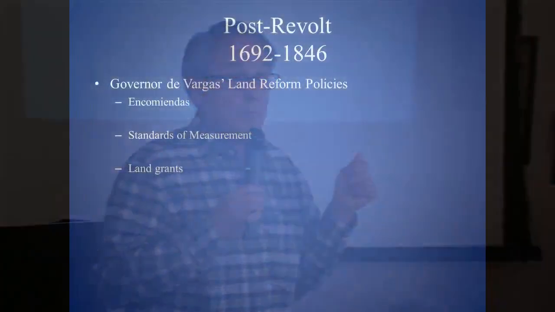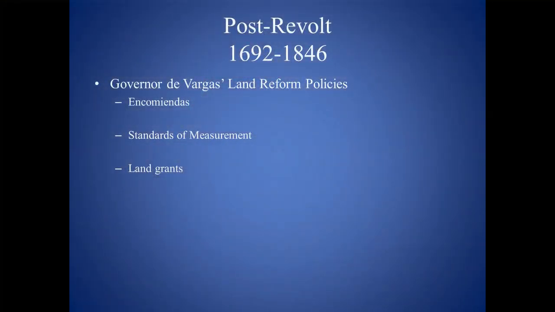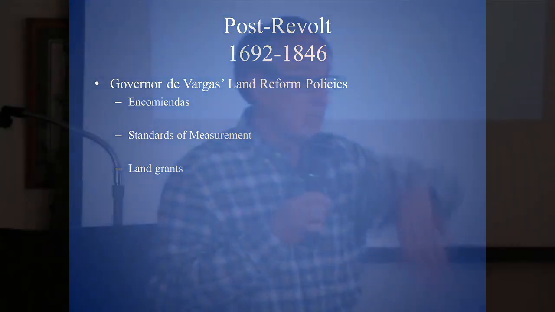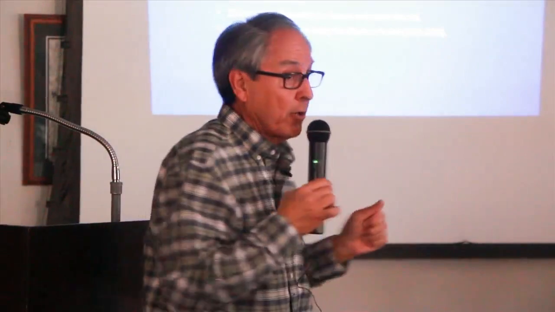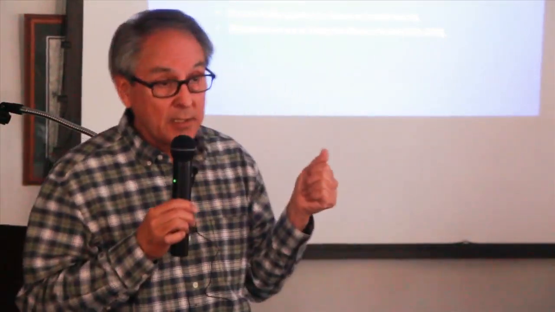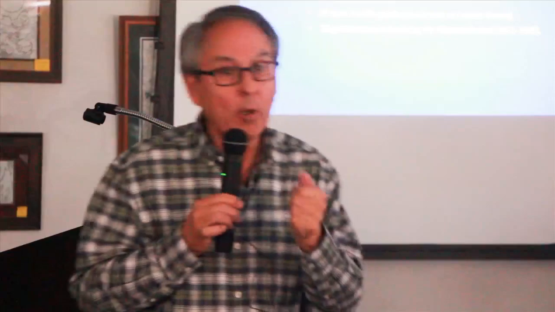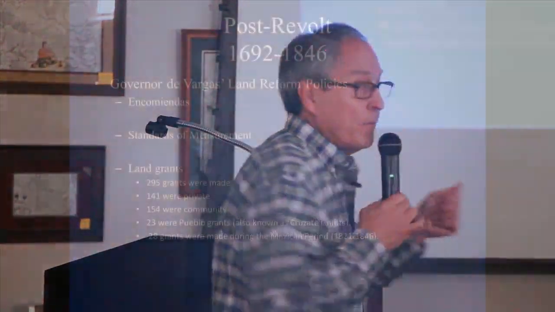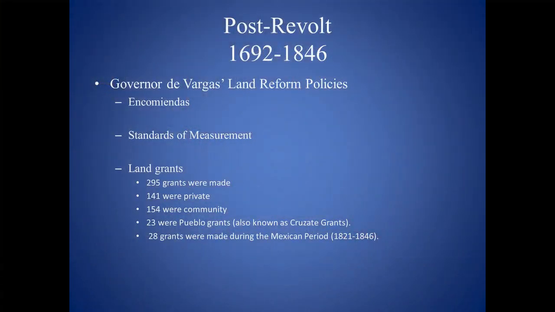Okay, land grants. In one of the last pages of your packet, you're going to find the map of New Mexico with all of the land grants. There were 295 land grants made from 1692 to 1846. Remember, 1846 is the line where it became American occupation. 141 of the land grants were private land grants.